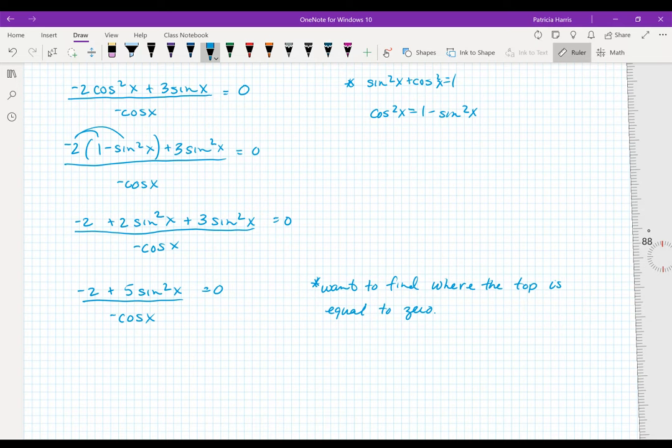Okay, but we also want to know where the bottom equals 0, because that's going to tell us if we have any domain issues.